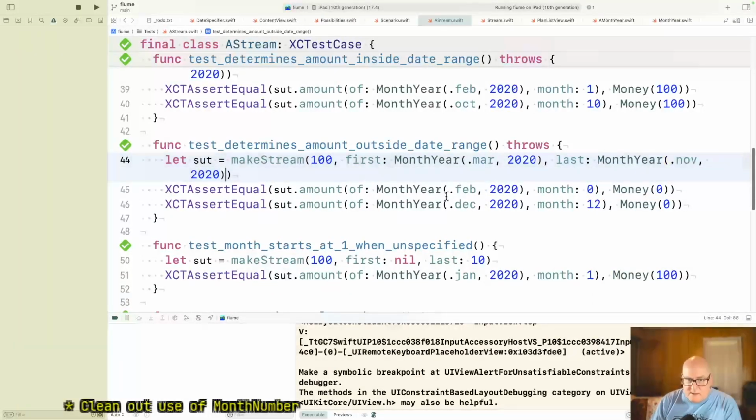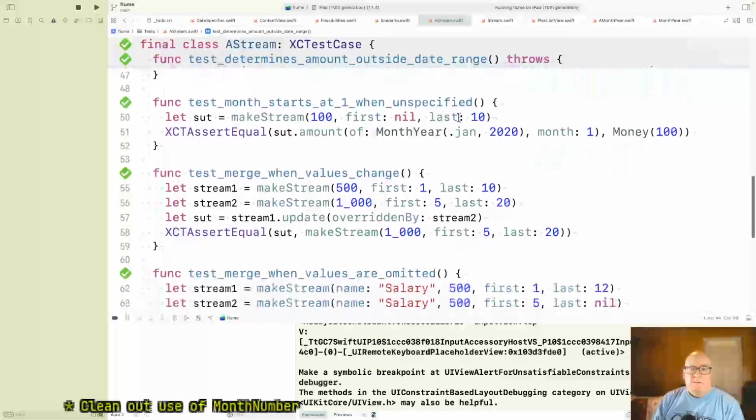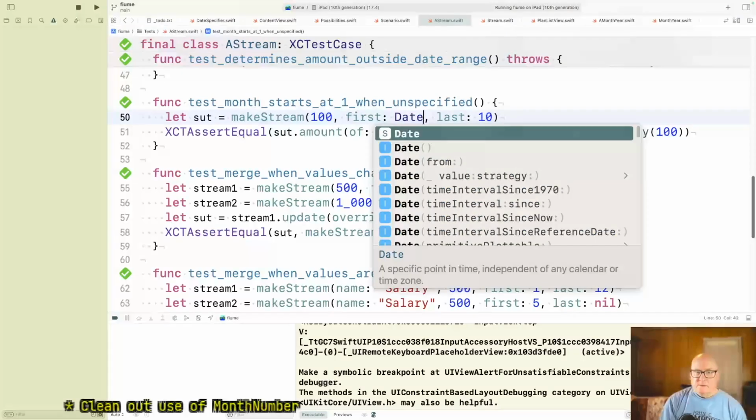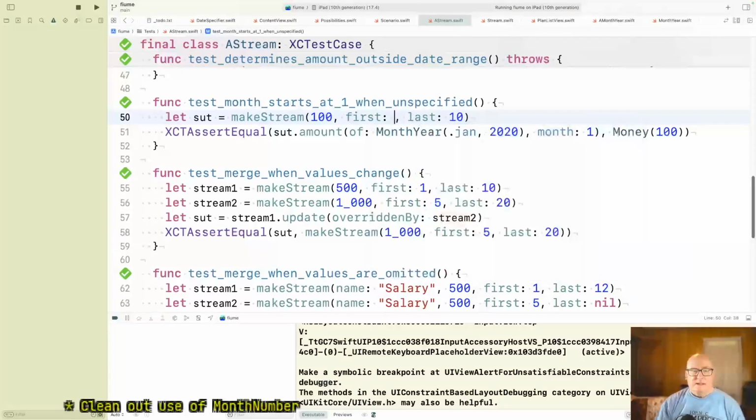Okay, so this test is if you ask for something before the first date or after the last date, you should get 0. Month number starts at 1. Well, that's hard to say. So this is, oh, well, we need a date specifier.